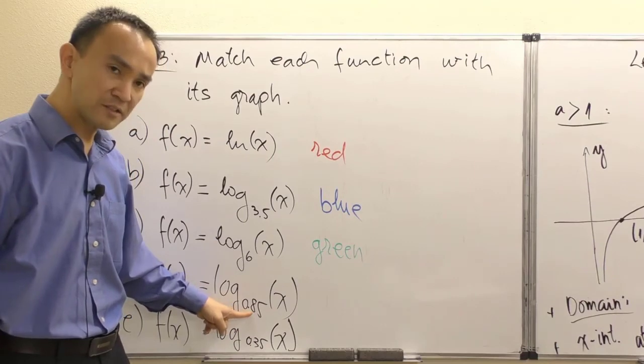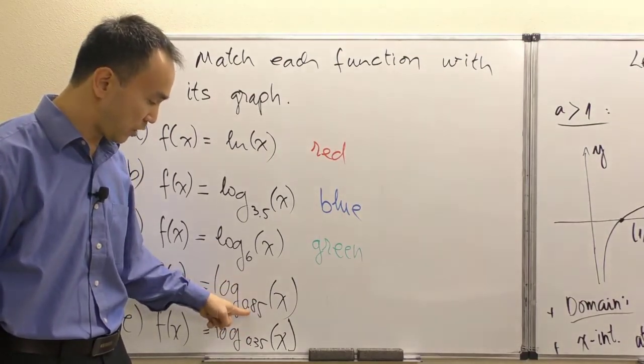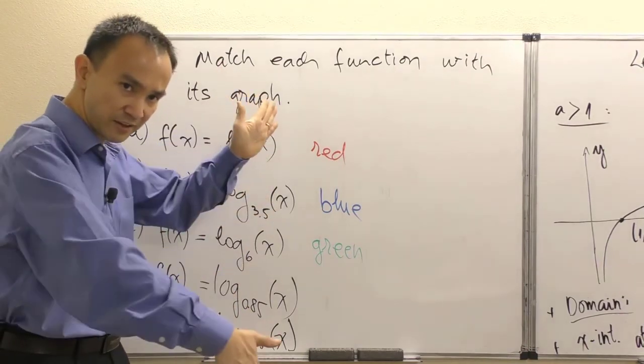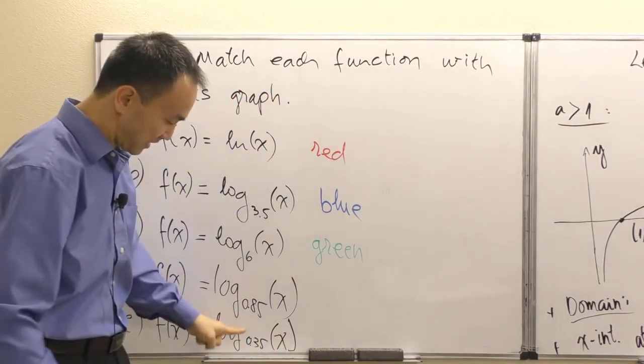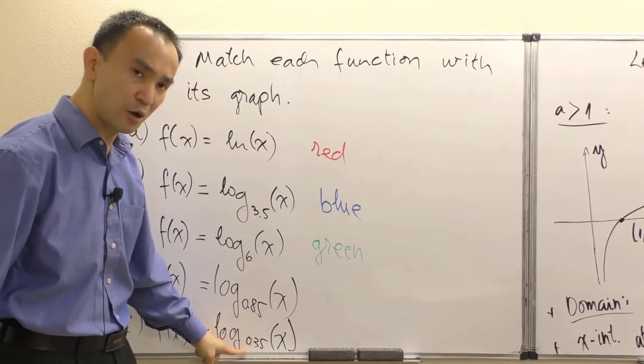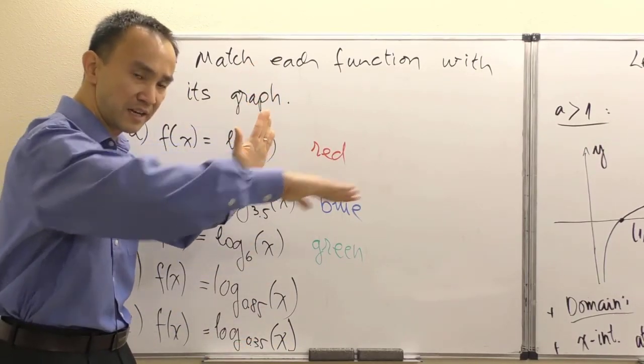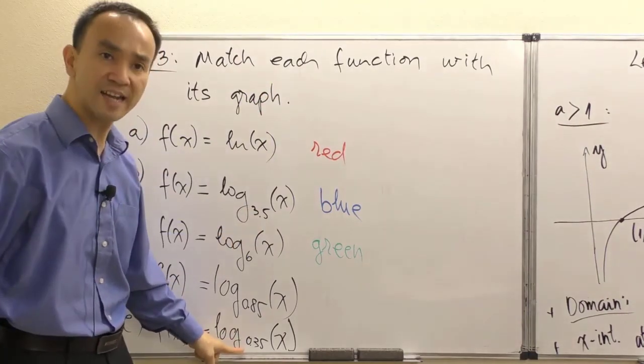So 0.85 is closer to 1. So the closer to 1 the base is, the more flat it is, the more gradually it drops down. But the further it is from 1, like a 0.35 right here, the more bent it is, and it stays closer to the x-axis.